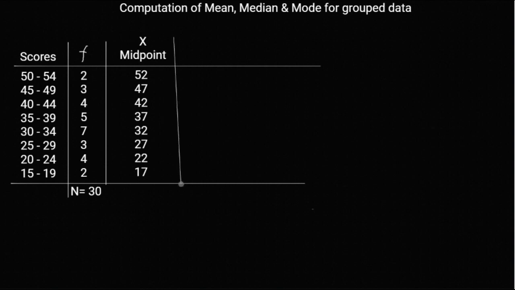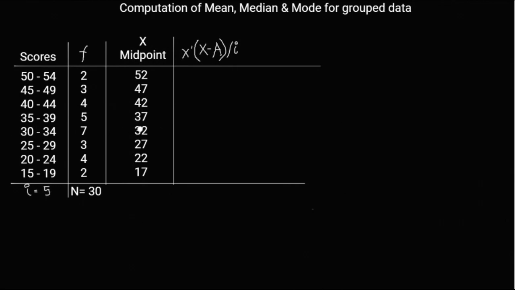Okay, next we are going to calculate x dash. So how can we calculate x dash? The rule for calculating x dash is (capital X minus assumed mean) divided by I. Like here the capital X is 52, the assumed mean is 32 and I is 5.